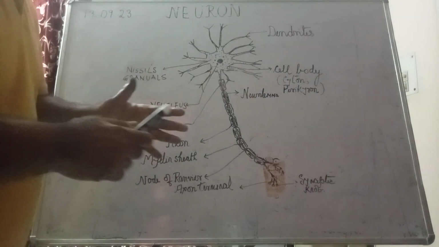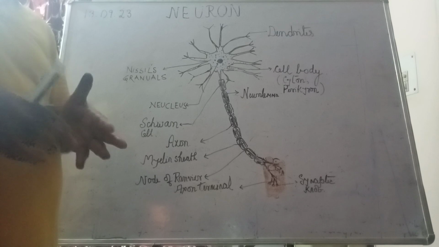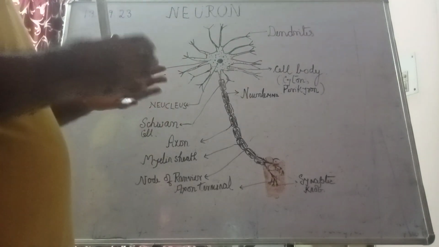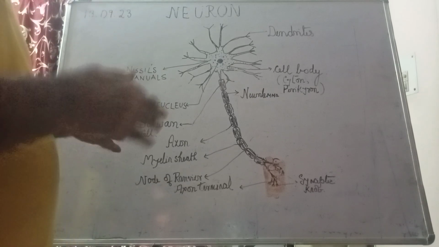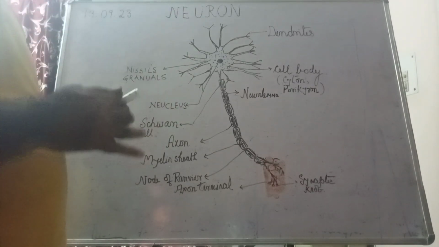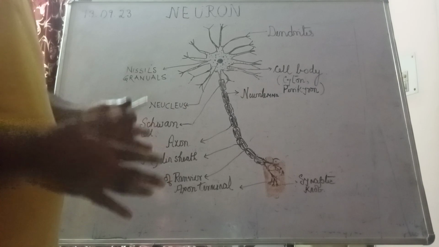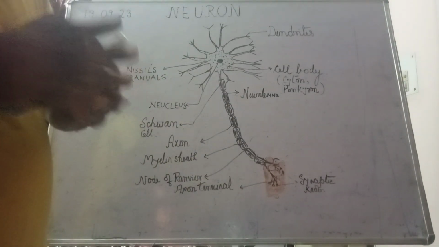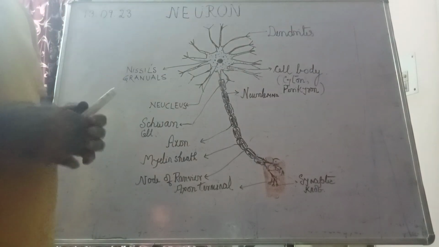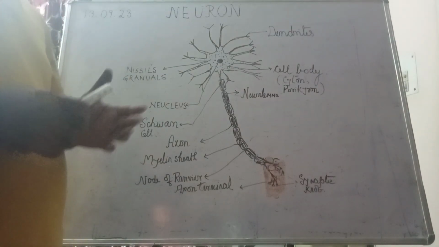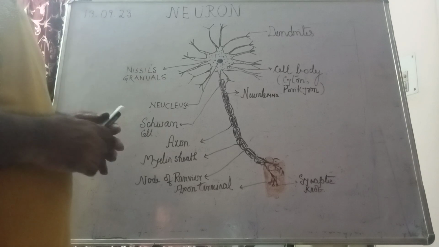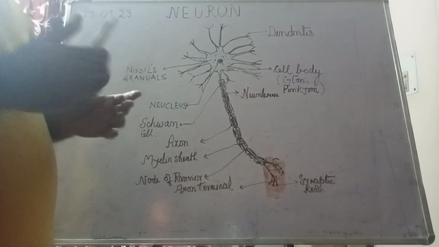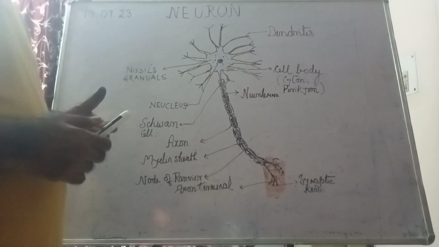And again, there will be another group of neurons which will connect these two types of neurons, sensory and motor, so that the impulses brought are interpreted properly and sent back to the affected cells and tissues. So there are three types of neurons based on their functions: sensory neurons, motor neurons, and association neurons.